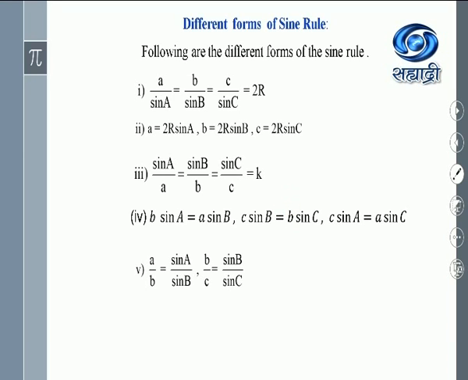So we have b upon c is equal to, this is sin B, the product is there between b and sin C. So this sin C we write to the LHS and that becomes sin B upon sin C. Clear? So here also you can write how? c sin A is equal to a sin C, so you can write c upon a is equal to sin C upon sin A.